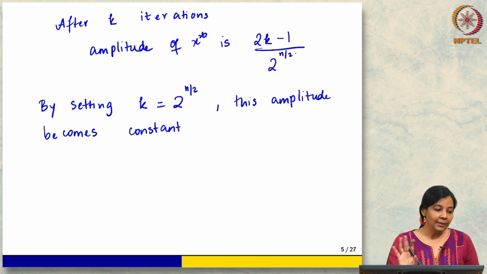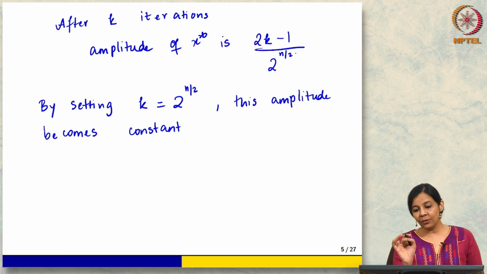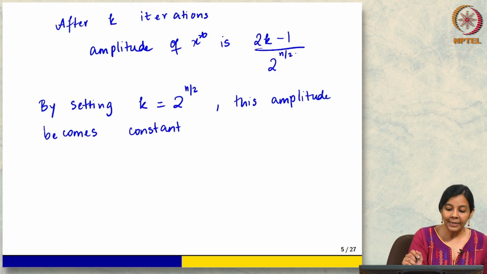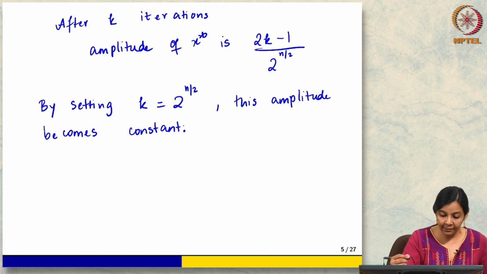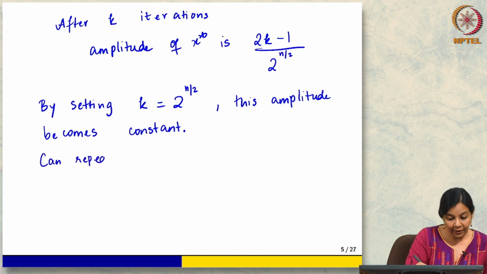Now there are many things which we have to work out, so we will do a careful analysis. Let me just complete this high level description and then we will go to that. So yes, this amplitude becomes constant, and I can repeat to amplify this probability.